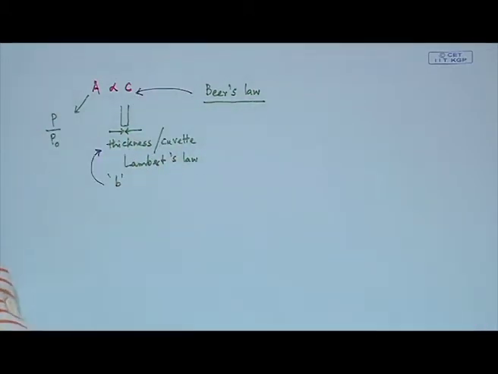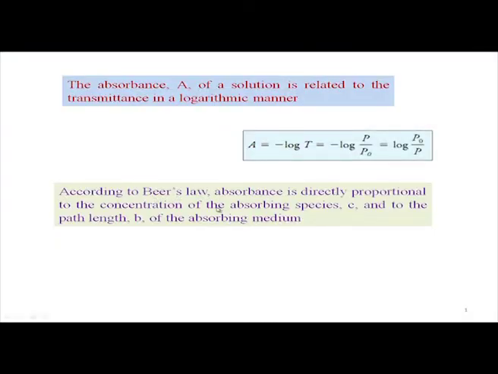So, as per this particular law, the definition is that the absorbance, the A value, will be directly proportional to the concentration. So, that brings the relationship between A and C. And this particular C, whose C?